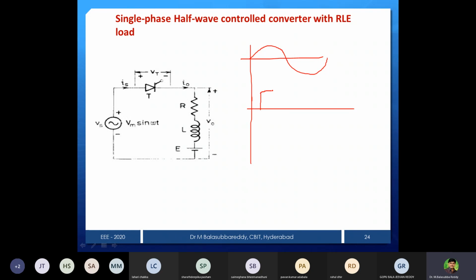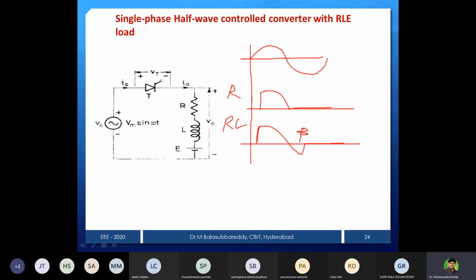Start with alpha, end with pi, and the negative half cycle is 0. Similarly for RL load, we start with alpha, end with beta, and then it will be 0.